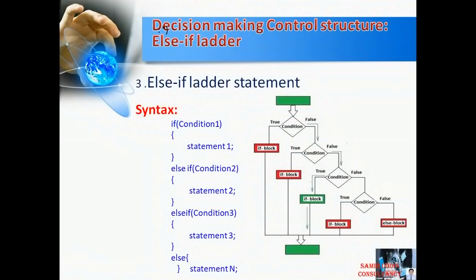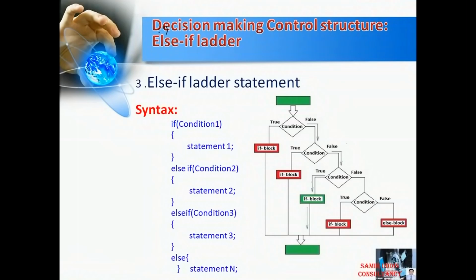Now let's understand what is the else-if ladder statement. Generally, a ladder means a piece of equipment used for climbing up and down. But here it is nothing but a collection of multiple if-else blocks. It is used when we have multiple conditions, or at least more than two conditions.